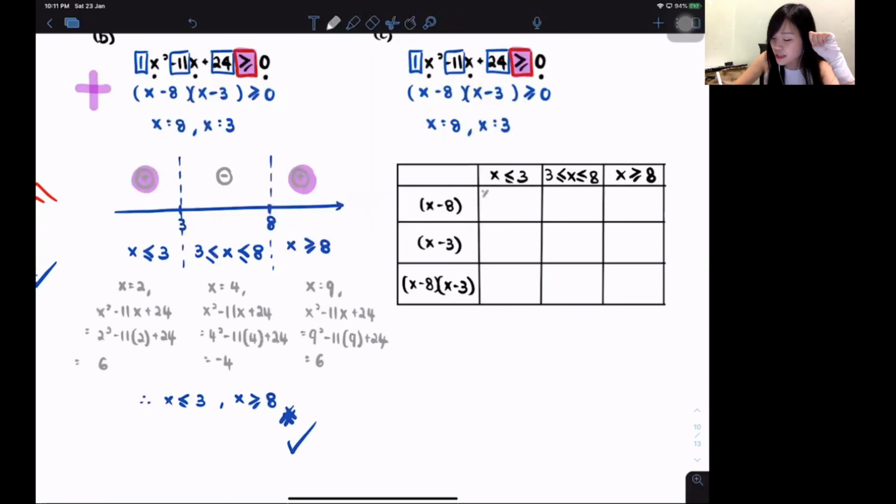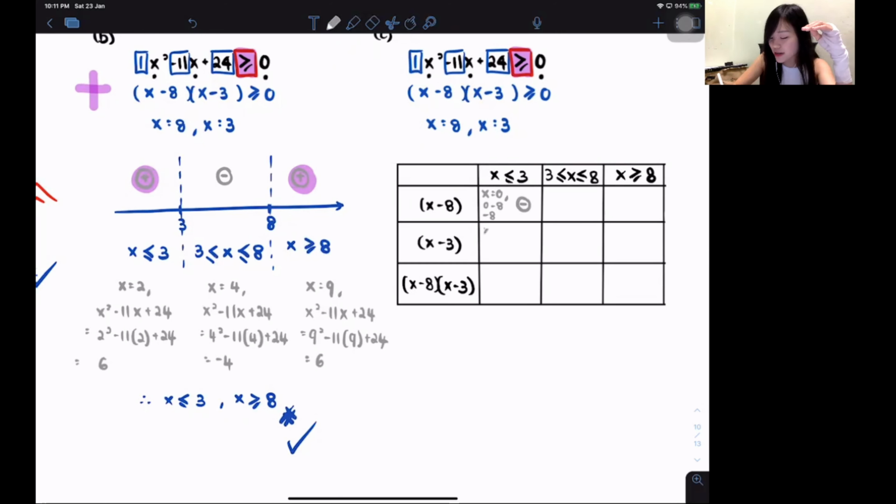On this part, it means 0 minus 8, I get negative 8. I don't even care whether it's 8 or 9, I just care whether it's negative or positive. Again, negative, so I write a negative there.